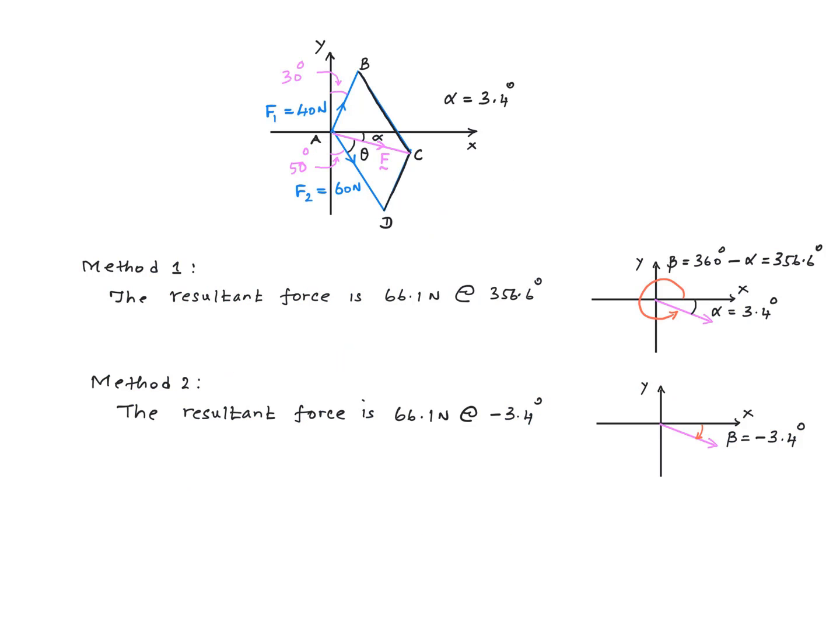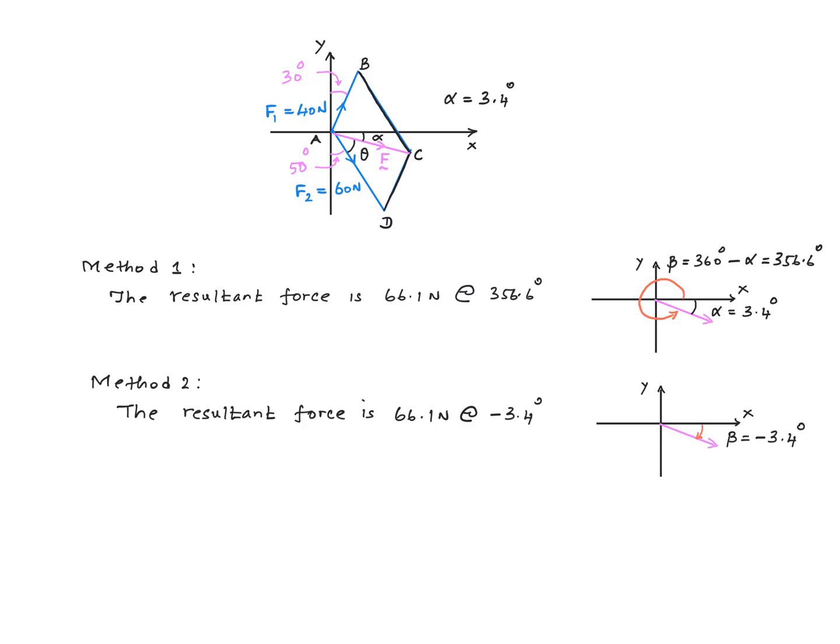Alright, now how do we describe the direction? There are two ways to do it. Method 1 is to indicate the direction in terms of an angle measured counterclockwise from the positive x-axis, which will be 356.6 degrees. So you could say the resultant force is 66.1 Newton at 356.6 degrees.